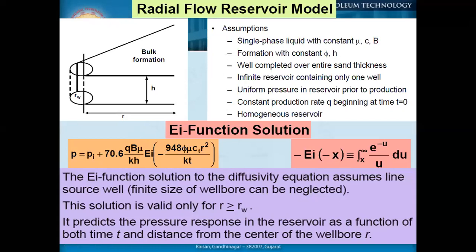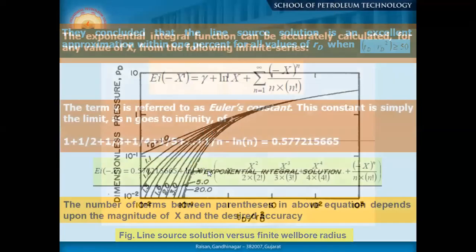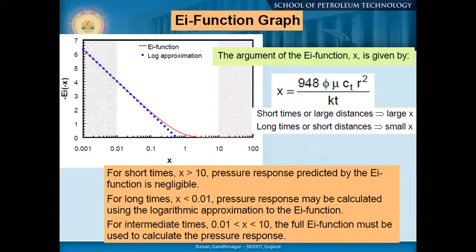We use the Laplace transformation here to convert it. Okay, so I'll just show you one graph. You see here two things. One is x. X means we have these parameters r and t in this formulation, x equal to something related to r and t.